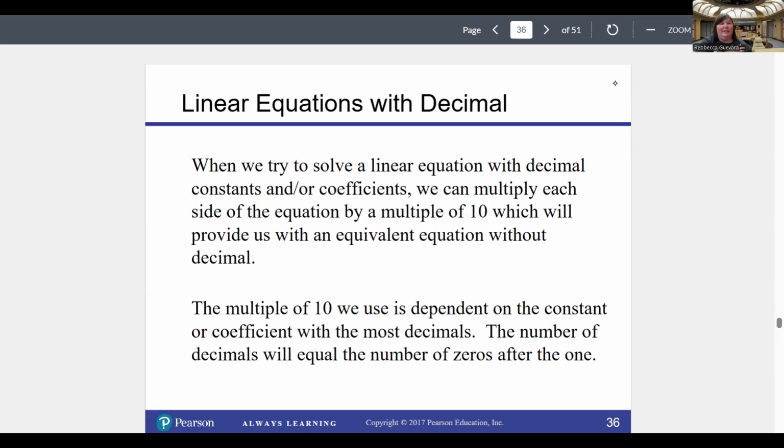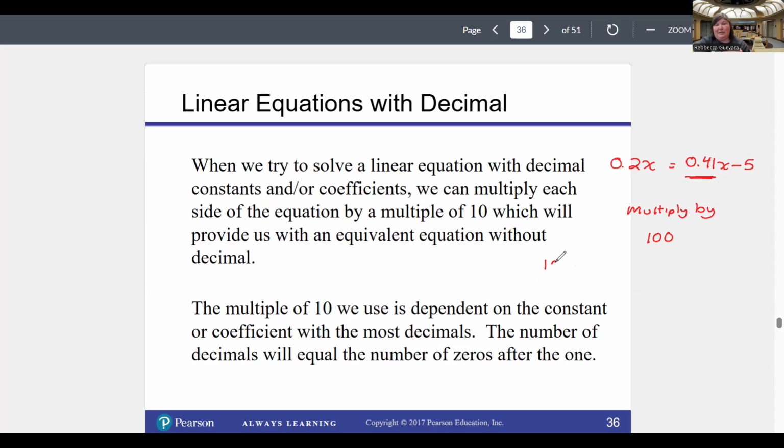So what I mean by that is, let's say I had 0.2x equals 0.41x minus 5. So this has the most decimals in it. So what I'd do is I'd multiply both sides by 1, and this is 2 decimal places, so I'd multiply by 100. So that's what we mean by that.